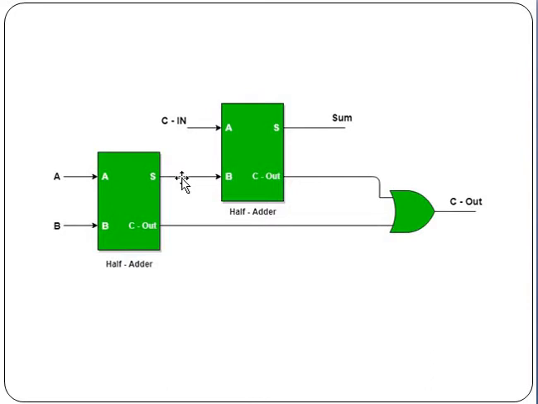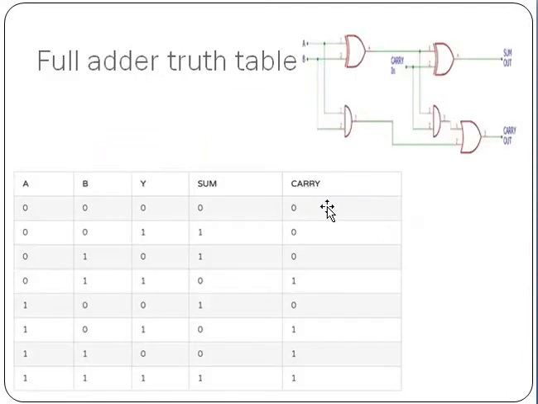The output of the first half adder is connected to an input of the second half adder, and the other input of the second half adder is taken as the Cin. The sum output of the second half adder is taken as the sum, and the carries of both half adders are added using an OR gate. So this is how you realize the full adder, and this is the truth table for the full adder.